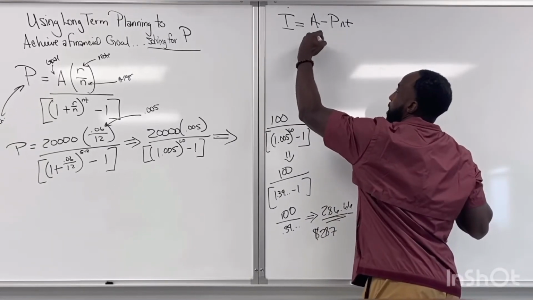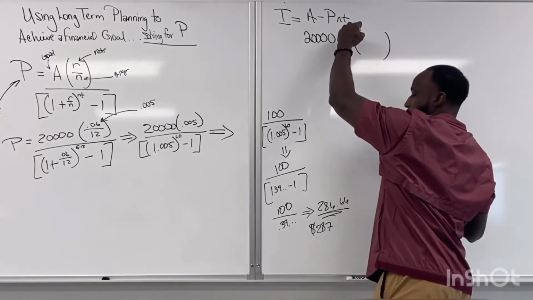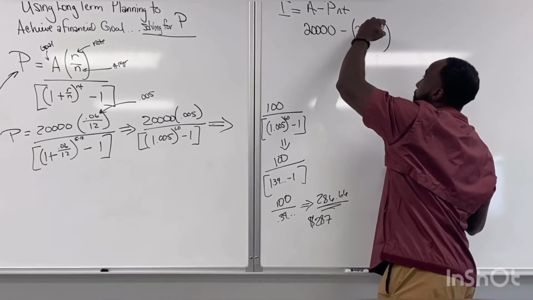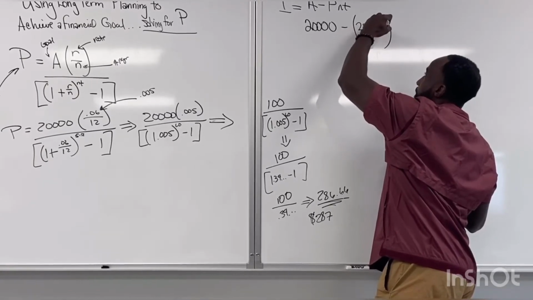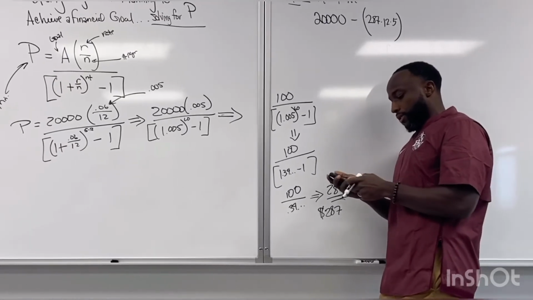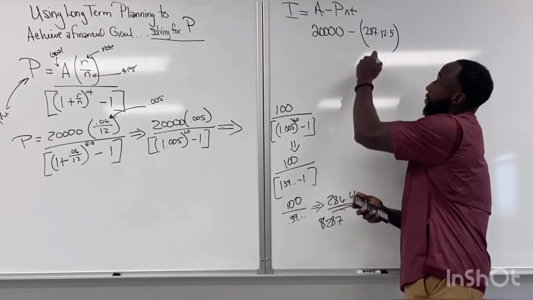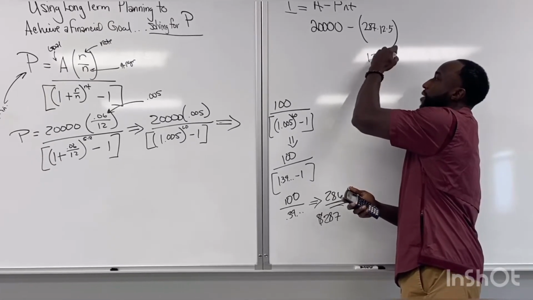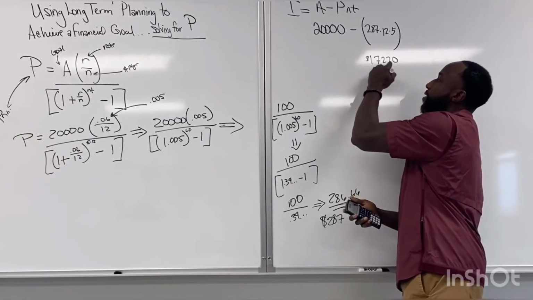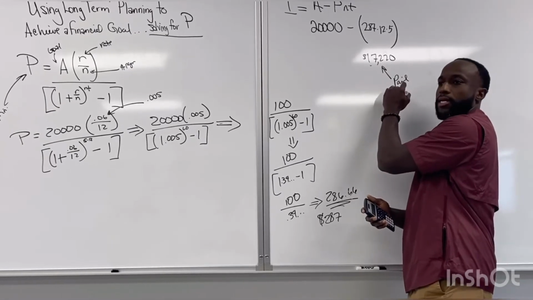So there's 20,000 minus P, which was 287, times N, which is 12, times T, which is 5. 287 times 60 gives us 17,220. So about 17,000 of this money is paid by me.